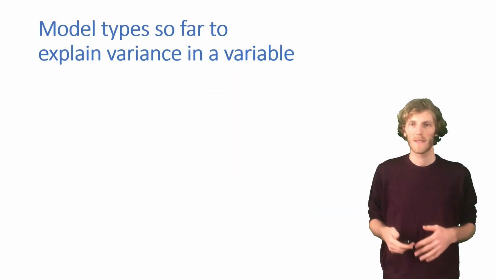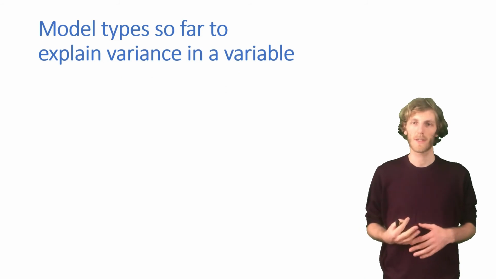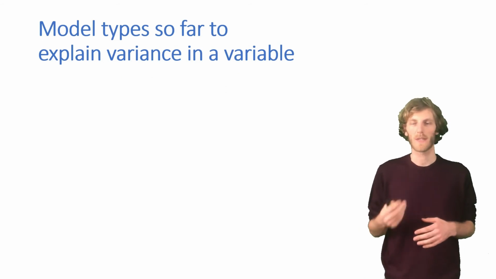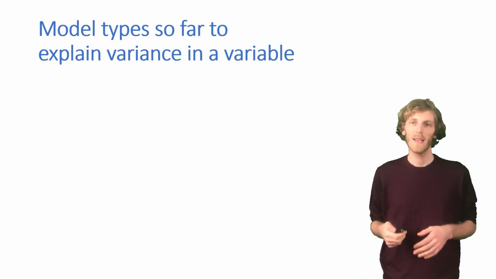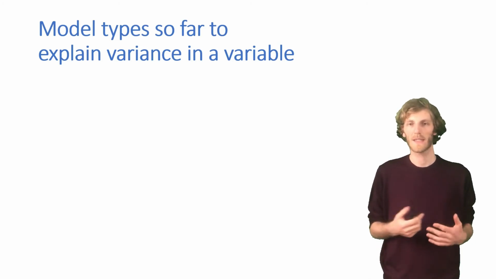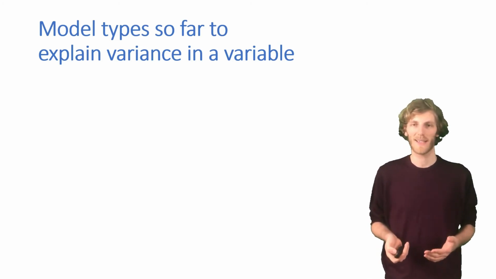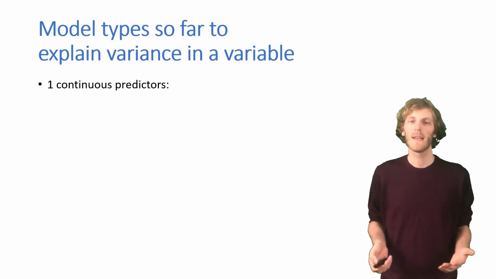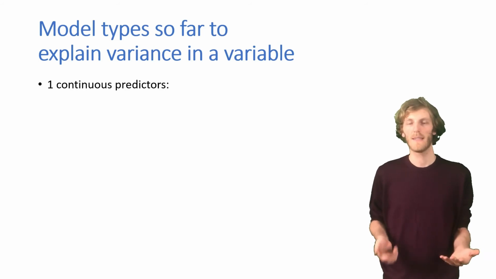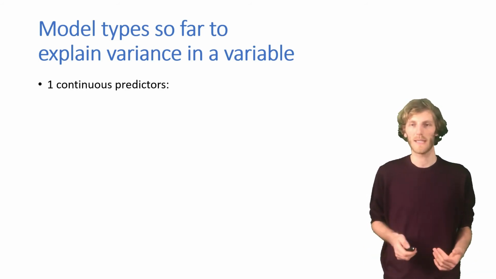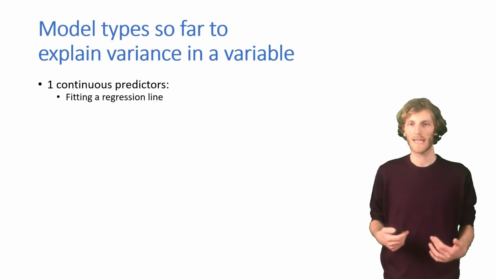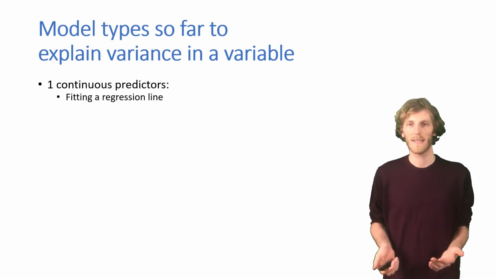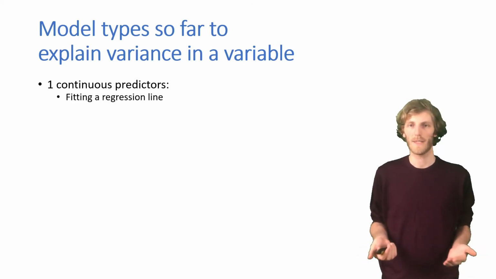Okay, so let me recap the different model types with a different set of examples. Let's think about wanting to predict grades on the upcoming statistics exam. So, a very simple linear regression question might be, can we predict the grade based on how much a student has studied? For that we would need to fit a regression line and check the coefficient of that line.